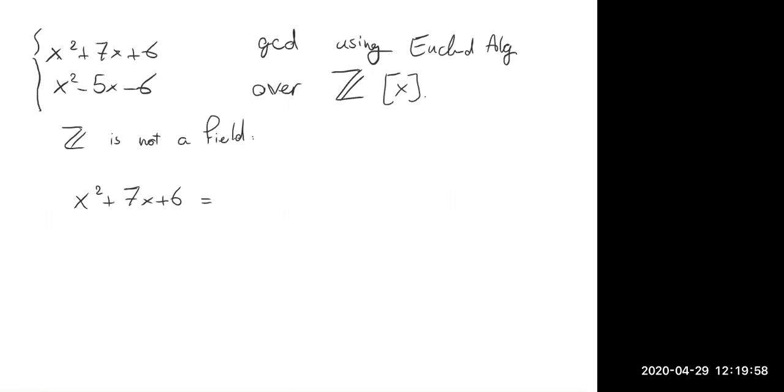If I divide the first polynomial by the second one, again I would get 1 plus 12x plus 12. Now, over Z, 12 is not invertible. So in the next stage, I should divide this polynomial by 12x plus 12.